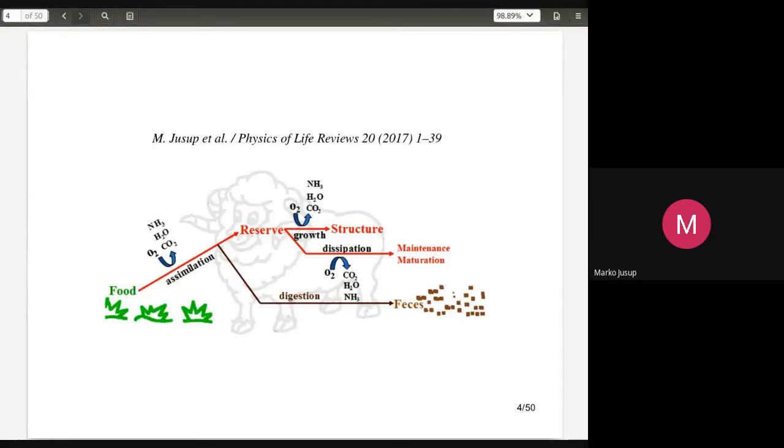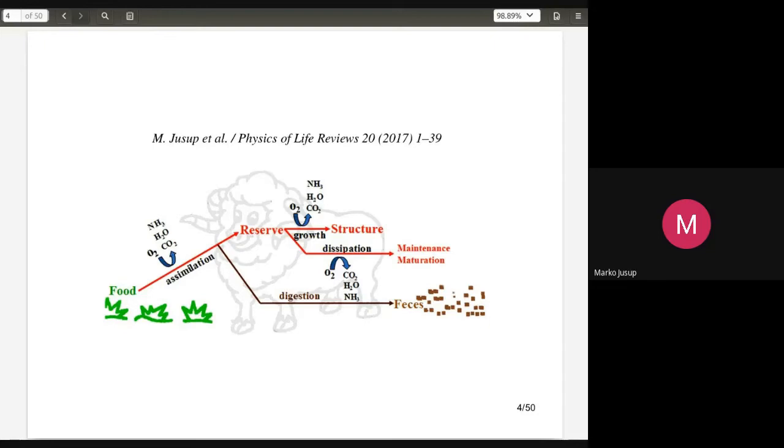So we look at an organism as a set of compartments. Specifically, there is a reserve compartment. When organisms eat food, they assimilate energy. That energy goes first into this reserve compartment.